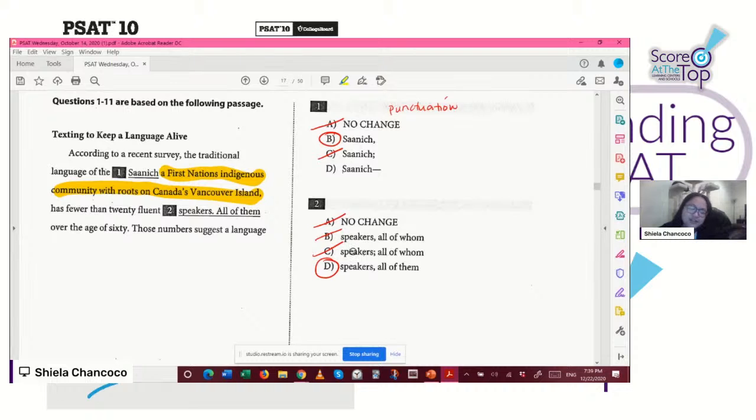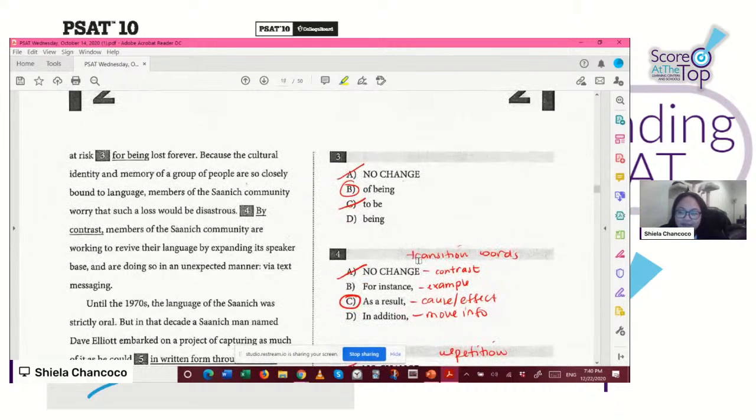C would be a perfect answer if there is "are" afterwards, or "had", if this was not the case here. So the best answer here is all of them, because they're talking about the fluent speakers, all of them, the speakers, are over the age of 60, but there's no verb, so whom will not apply.